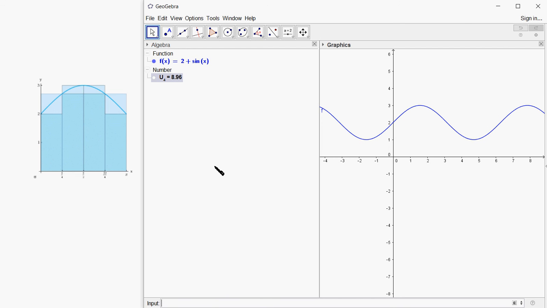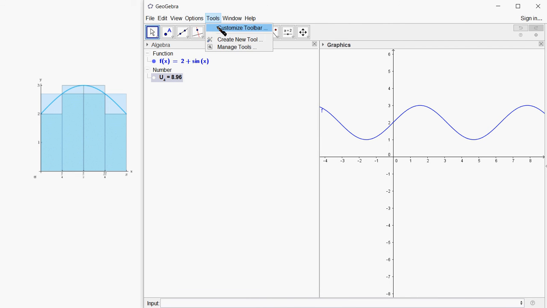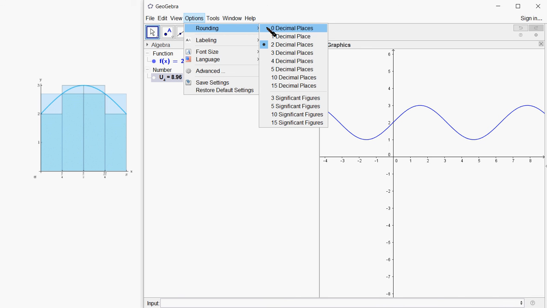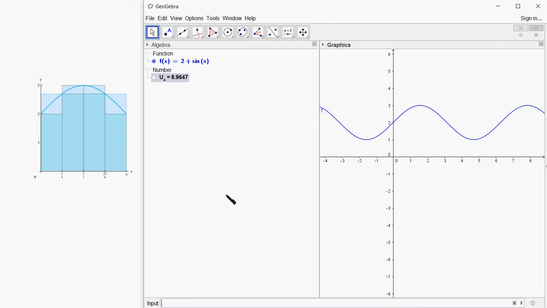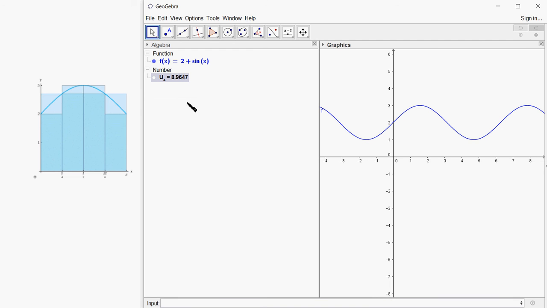Again, I'm going to go to options, rounding, and set it to 2 decimal places. So you can see that the upper sum is going to be 8.96.